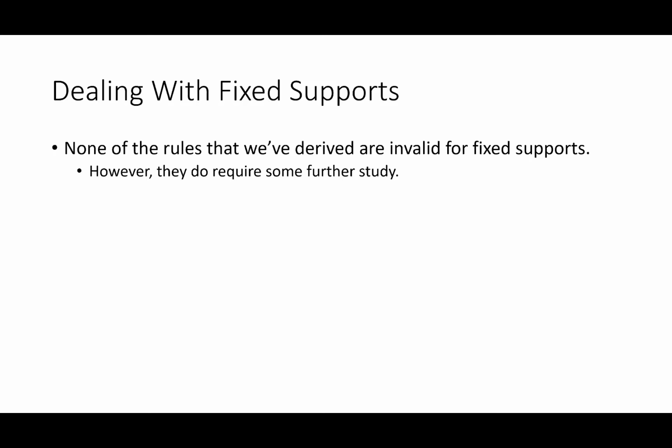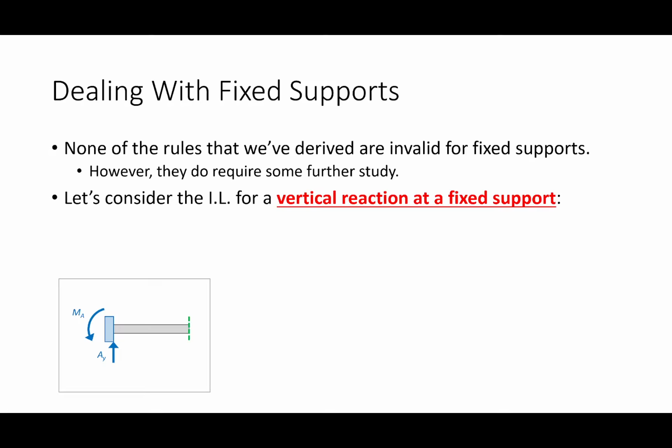Let's take a look at something. Here's a fixed support. Now let's consider the influence line for the vertical reaction. So I'm drawing an influence line. I remove from the structure the ability to resist this vertical reaction, and I move this structure through a unit displacement.